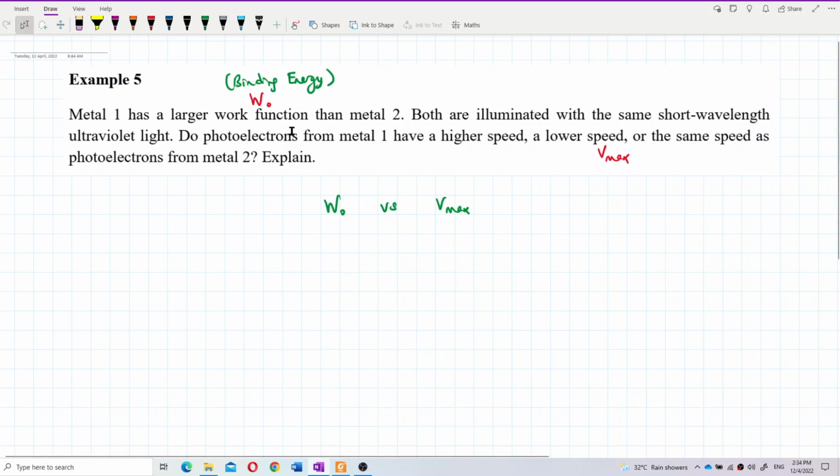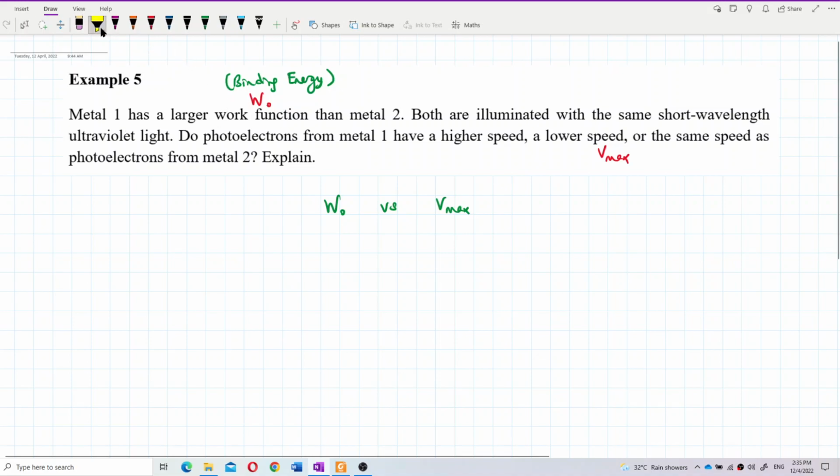So higher work function means it binds the electron with higher binding energy, so it's harder for the electron to escape. Lower work function means the photoelectron is easy to escape. Understand? So both are illuminated with the same ultraviolet light.